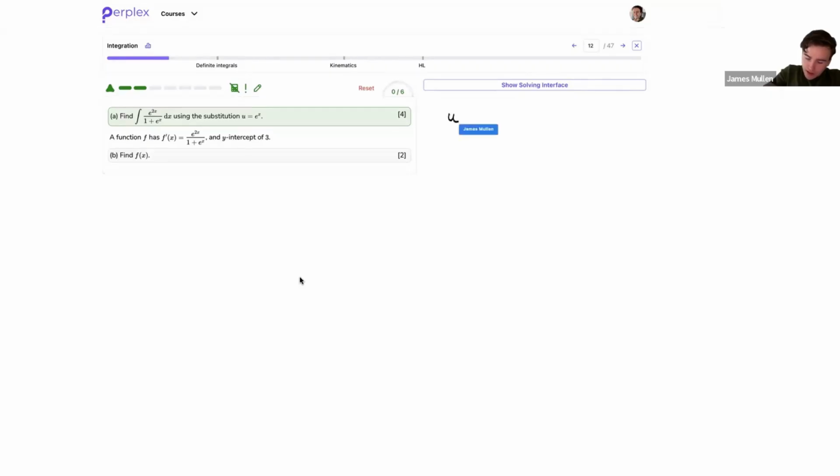If I say u is equal to e to the x, then du over dx is also equal to e to the x. So I can say dx is equal to du over e to the x.